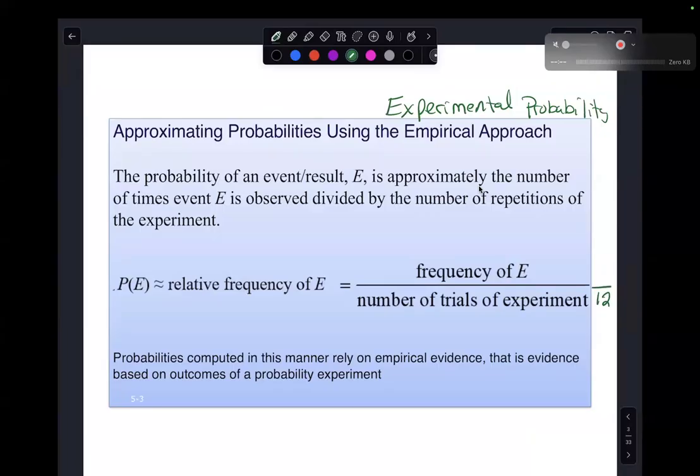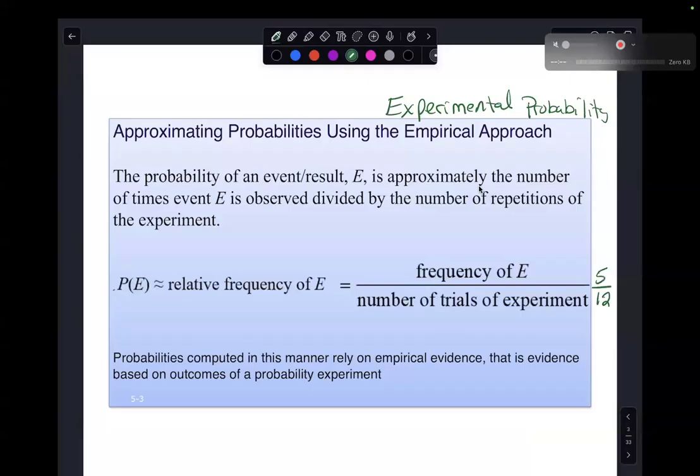And then let's say that I was looking for an even number and I rolled the dice 12 times. The numerator is how many successes you have. So if I roll the dice 12 times and 5 of those times I get an even number, then it's 5/12.